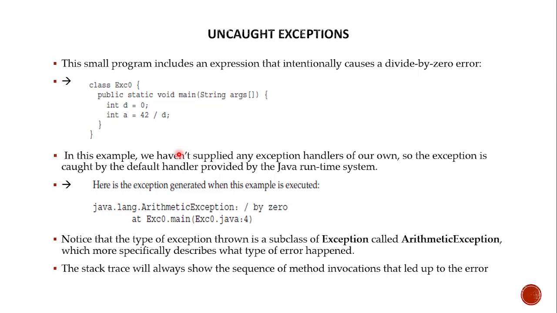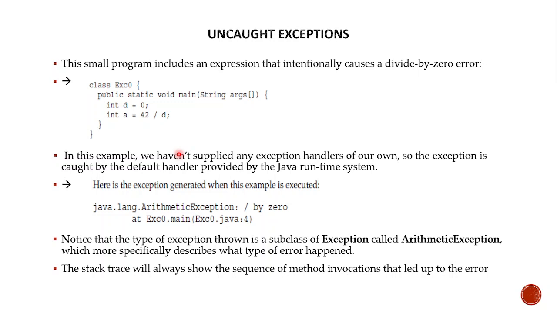Okay. So in this example, we have not added any exception handlers. Whatever is being done is done by the Java runtime system itself. We are not writing any code so that it should be caught.